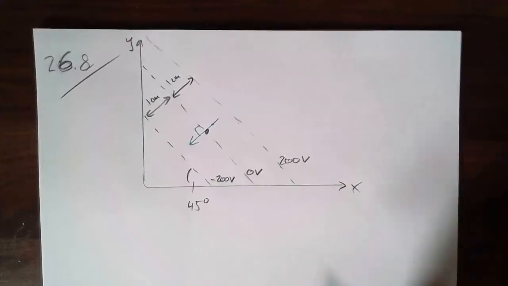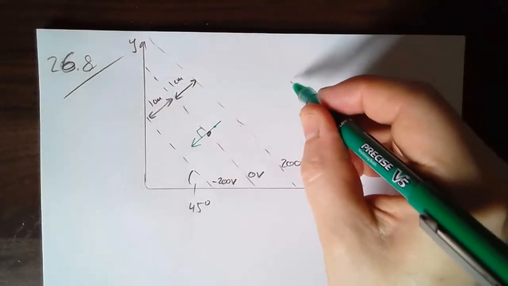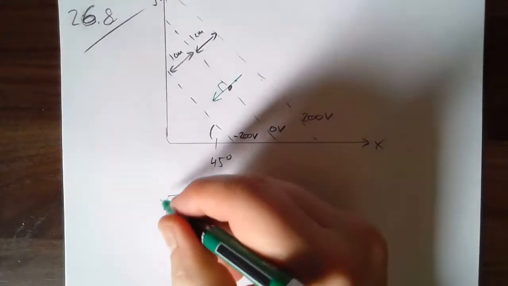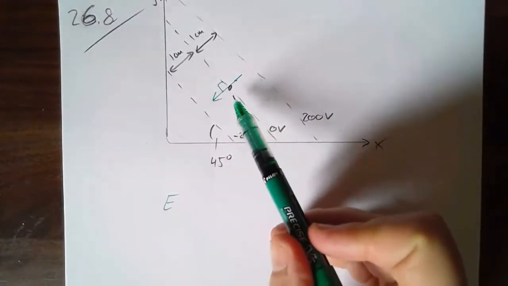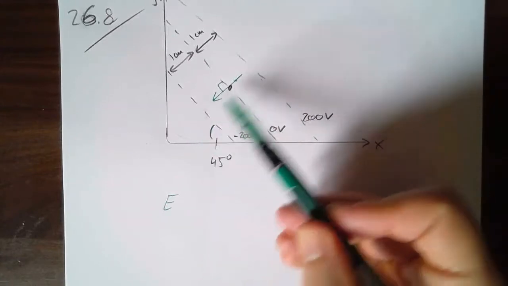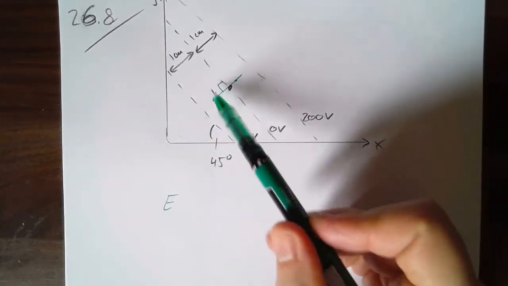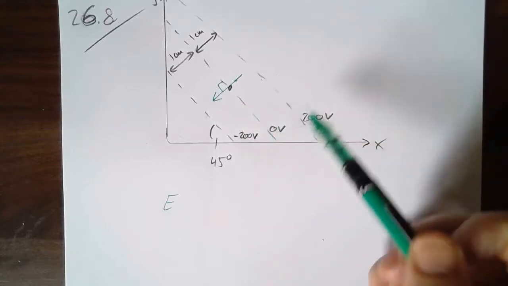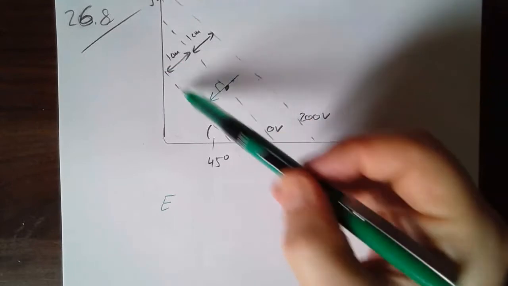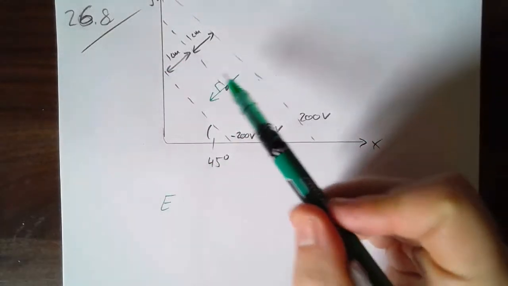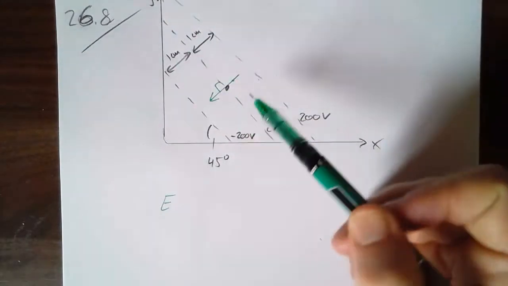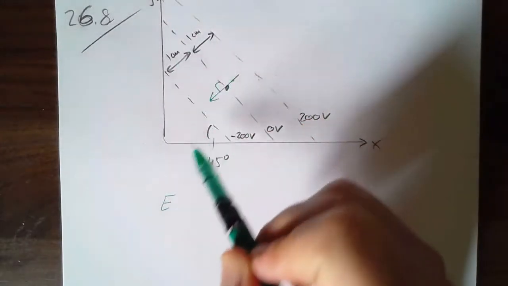How strong is it? Well, the electric field strength, E, is the slope, right? Now you could work out an x and y component and make your life hard, but here, essentially, because it's such a simple scenario, with parallel lines of constant height, that is straight lines, you can just read off what the slope is.